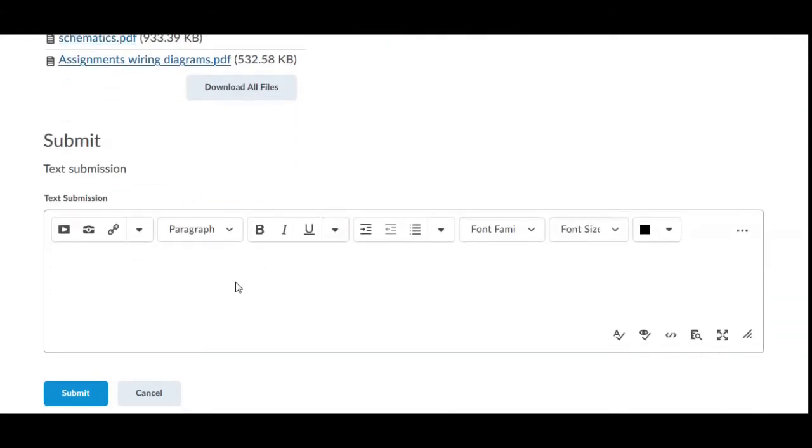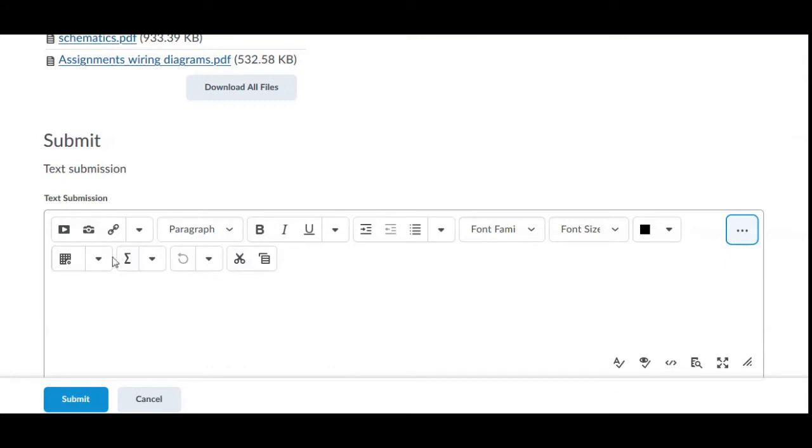Down here in the submission box or submission files, over here, click on the three dots. That opens up several more icons. The one that looks like a grid is the table icon.